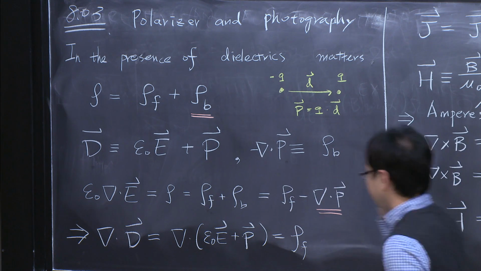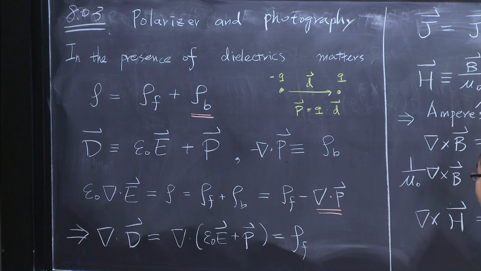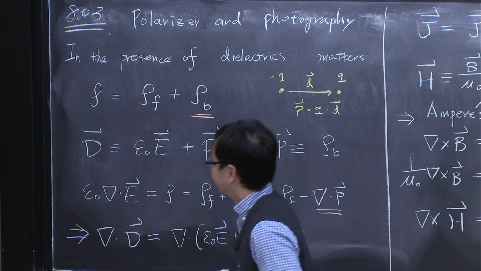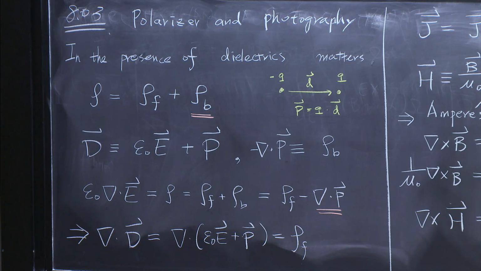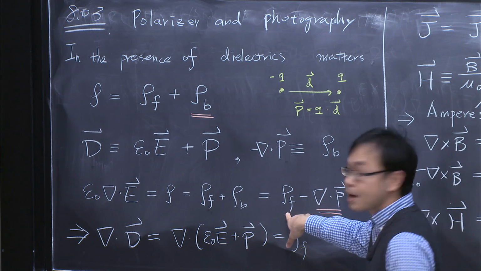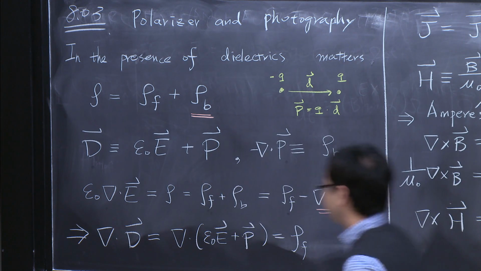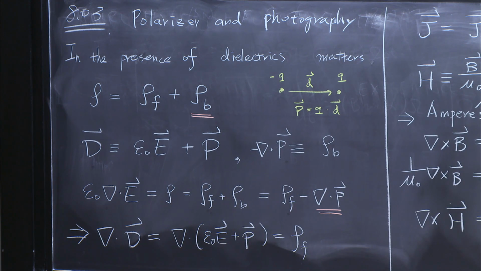According to our definition, this can be written as rho F minus del dot P vector. Now we can use the definition of the electric displacement field and collect all the terms except rho F to the left-hand side. Then you conclude that the divergence of D is equal to rho F.